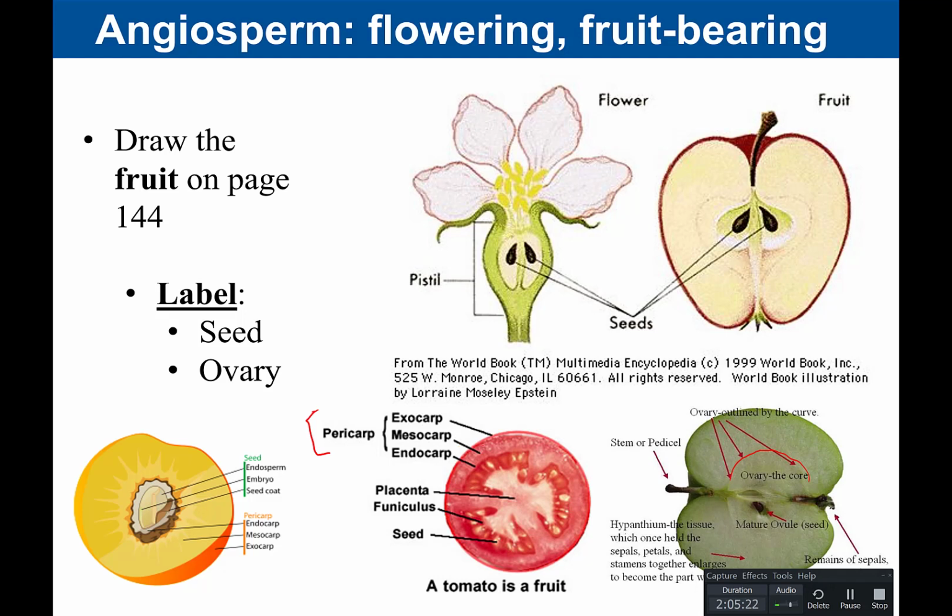If you're looking at a peach, for example, right? So in the middle, the hard pit is going to have the seed, and the outer part of that pit is going to be the wall of the ovary, which again is going to be our pericarp, our endocarp, mesocarp, and exocarp all combined. And so you need to label and draw one fruit and then just label the seed and the ovary.